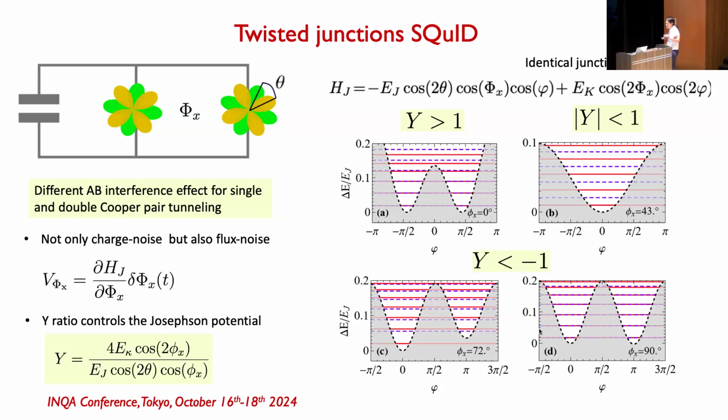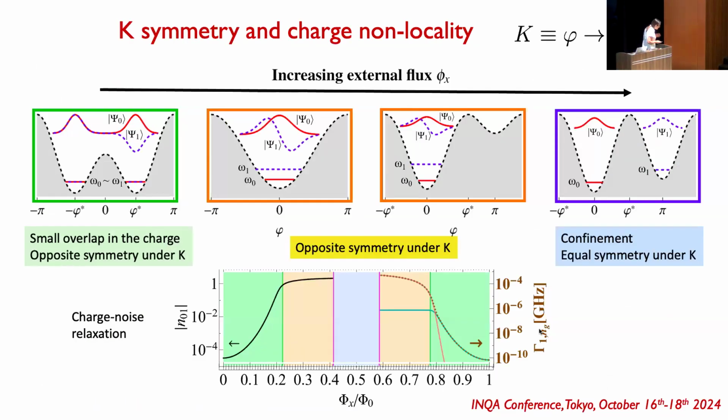Okay, and then you may wonder: so both regimes are fine, but let's understand better the physics in these different regimes, at the structure of the states. Here in the fluxonium, you have the ground state that is symmetric and the first excited state that is anti-symmetric, analogously to the transmon. Then you start to increase the flux, you go to the transmon, same. Then you increase the flux further, a second well appears, nothing happens because the states are still confined in the first well.